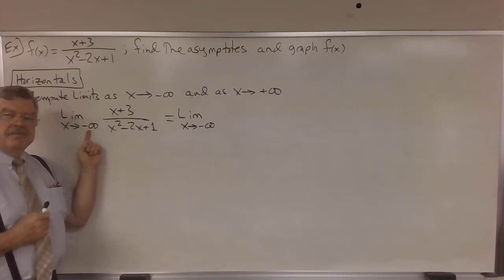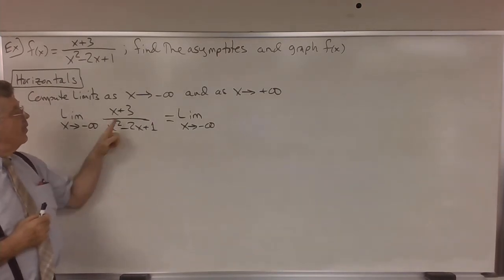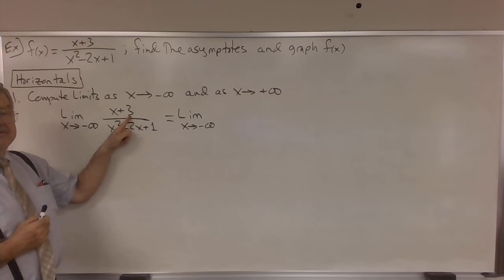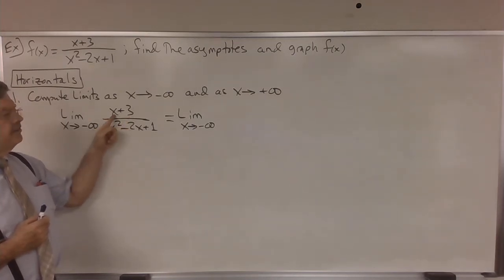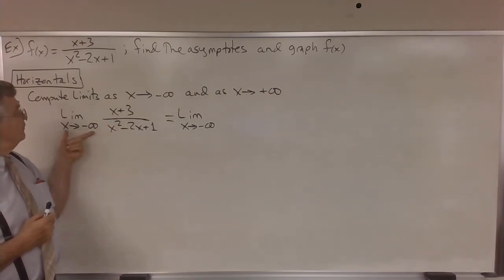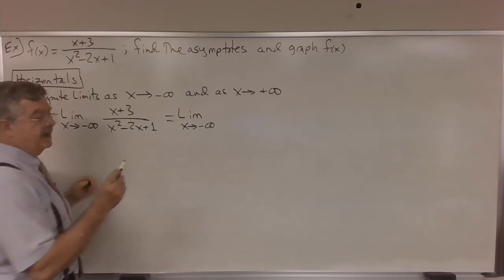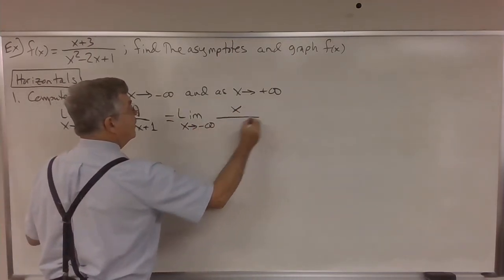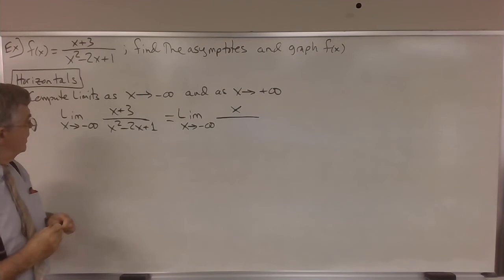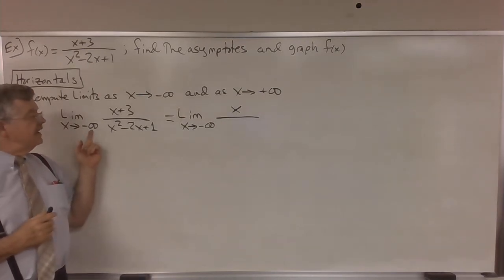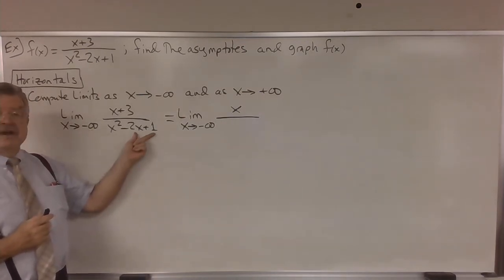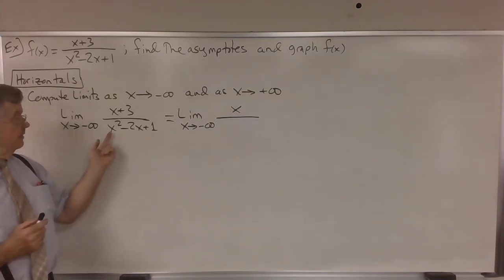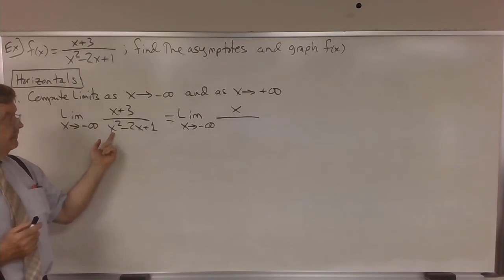As x goes to minus infinity, all the terms in the numerator of lesser degree become insignificant compared to the term of highest degree. So as x goes to negative infinity, the numerator just looks like x. So that's what we write. And as x goes to negative infinity, the terms in the denominator of lesser degree become insignificant compared to the term of highest degree.